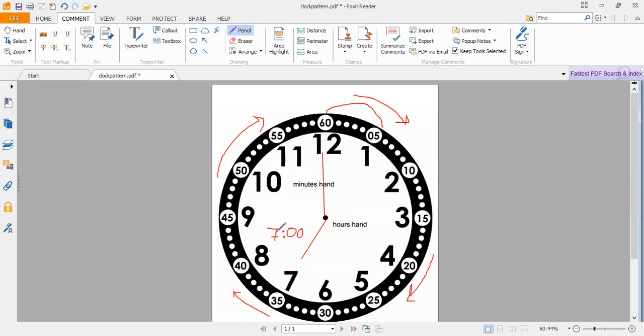This means 7 o'clock. And if you write, for example, like this, that means 8 o'clock. And this one means 10 o'clock. And for example, this one means 11 o'clock.